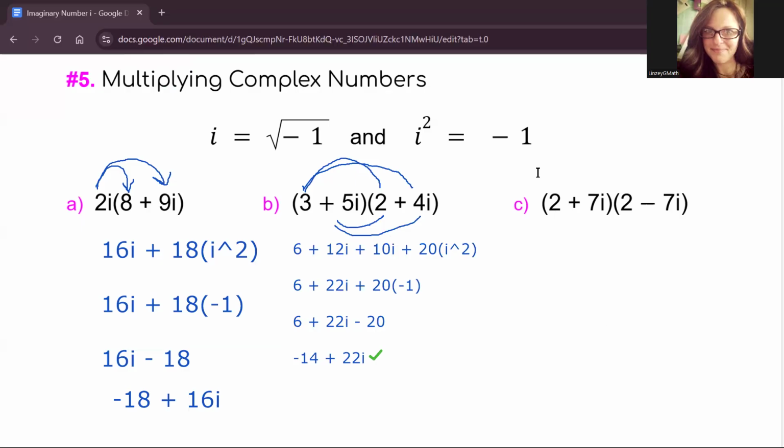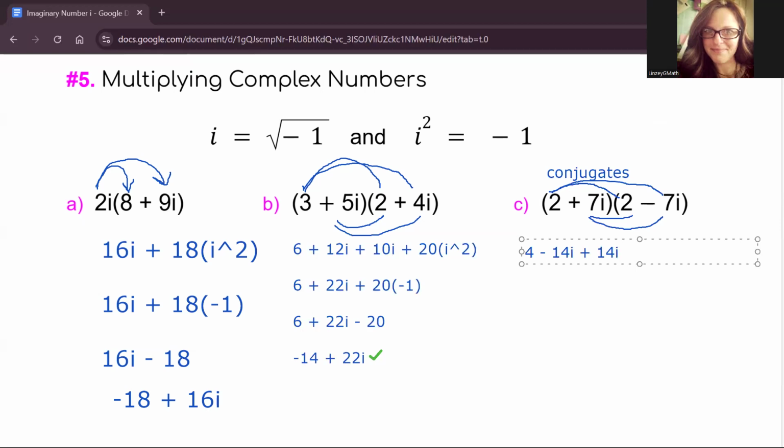Letter C. We've got conjugates again, which we'll talk more about, and it's interesting to note what happens when you multiply conjugates. So once again, we'll FOIL: 2 times 2, 2 times negative 7i, 7i times 2, 7i times negative 7i. 2 times 2 is 4. 2 times negative 7i is minus 14i. 7i times 2 is plus 14i.